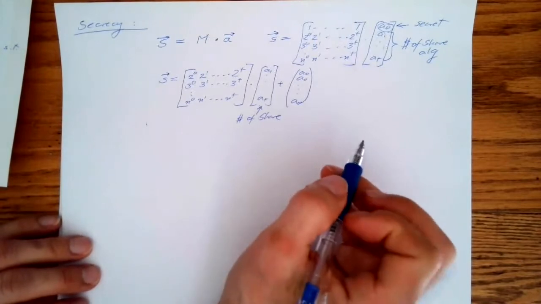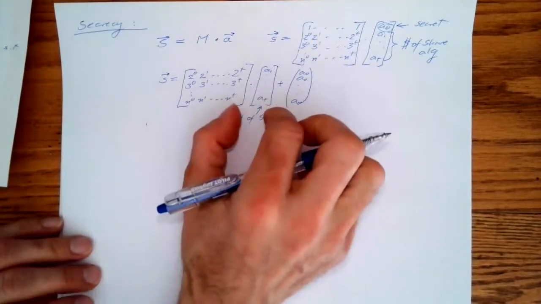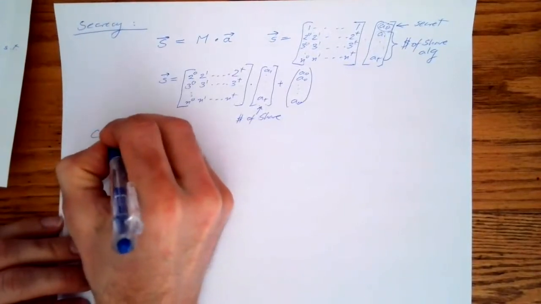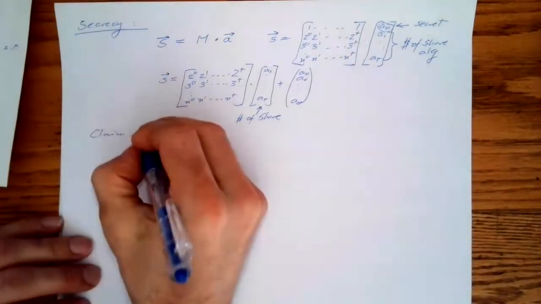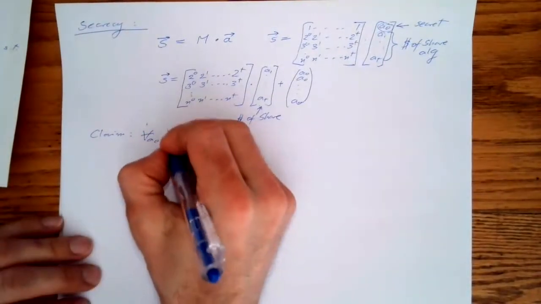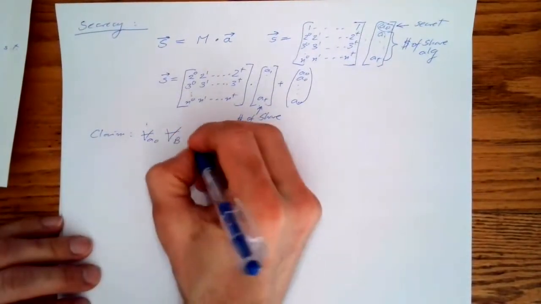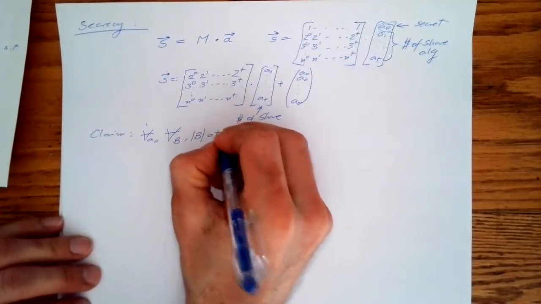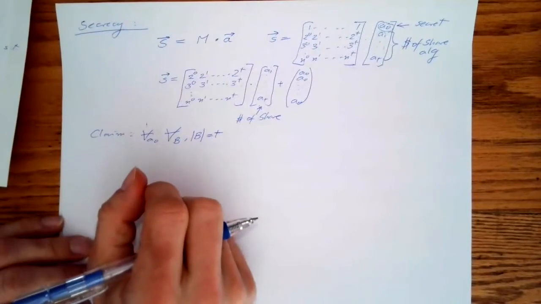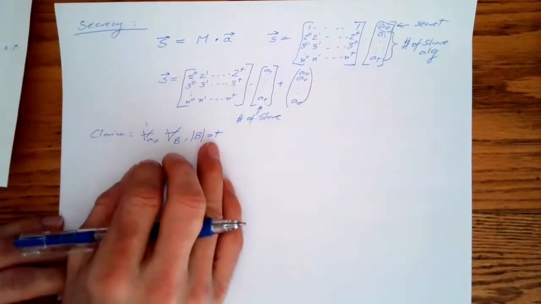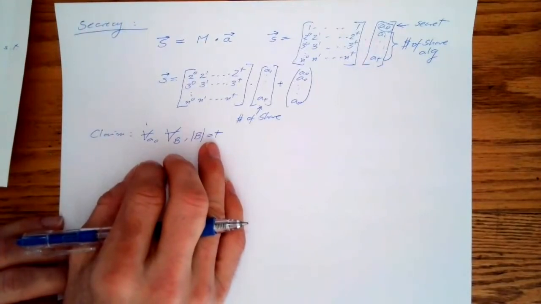Okay, so now what I want to claim is that for every A0, for every set of bad players, where the bad set is, let's say, just the maximum t elements, so without loss of generality, we just give t shares to the adversary.